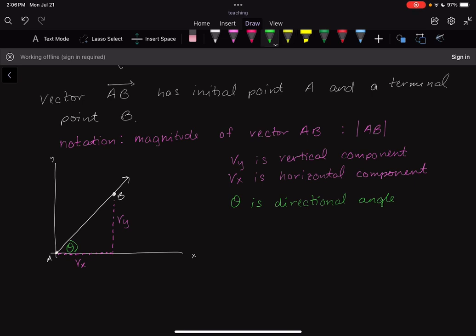And the resultant, which a lot of times we'll just call r, or you could also call this the magnitude. That is basically going to measure how long this is. So r, a lot of times we're going to refer to it as the magnitude.